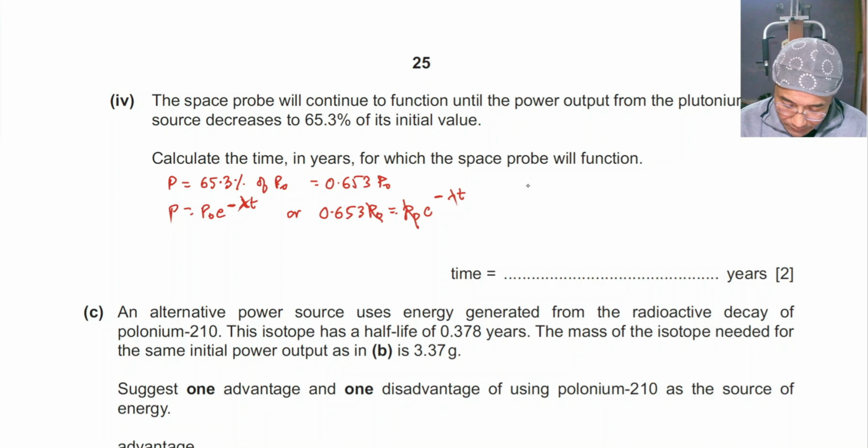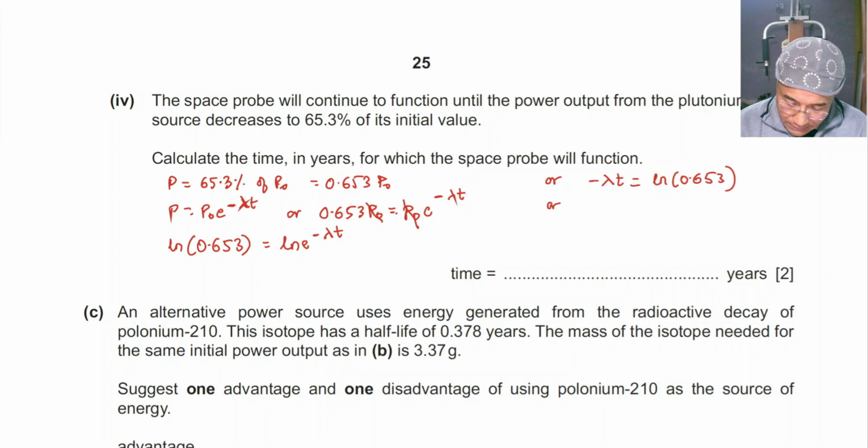If I take the logs, ln 0.653 will be equal to ln e to the power minus lambda t, which gives us minus lambda t is equal to ln 0.653.